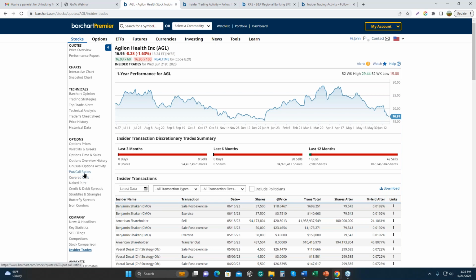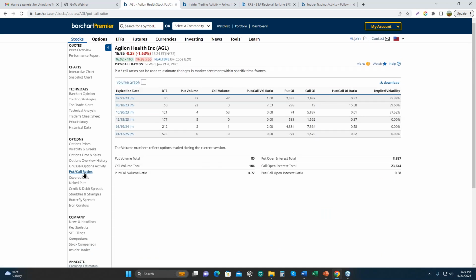Now, what can happen with a lot of these stocks is, when we start looking at insider activity, here we see that this stock, in terms of the options activity and outstanding open interest, has a limited amount of options activity. So this might not be a great candidate, right?